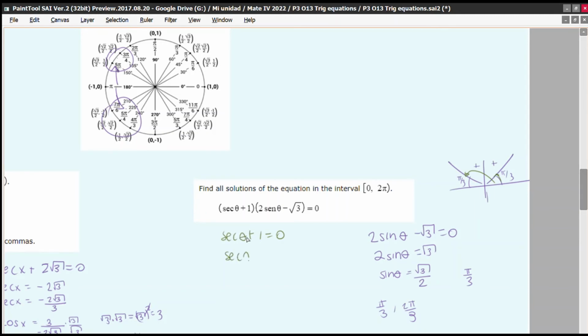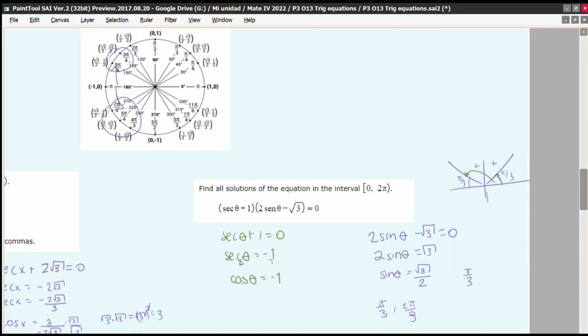This is secant of theta equals -1, and then I'm going to flip it. The reciprocal of secant is cosine, and the reciprocal of -1 is -1, because -1 is -1 over 1. If you flip it, nothing happens, and it doesn't matter if your sign is in the numerator or the denominator.